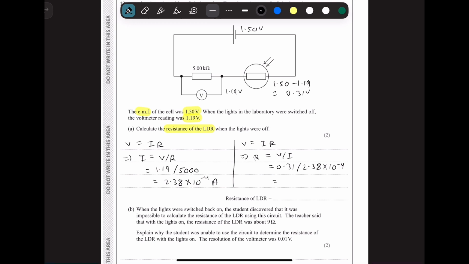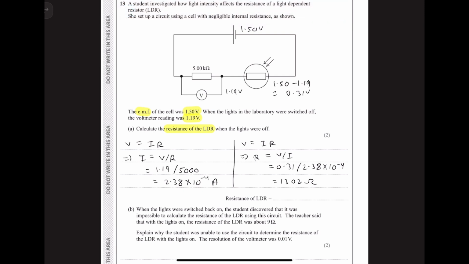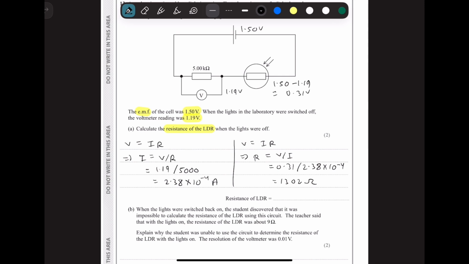The resistance comes to 1302 ohms. Now we have to see the significant figures. We have to go for 3 significant figures, and this is actually 4 significant figures, so you must round this up, and we get 1300 ohms.